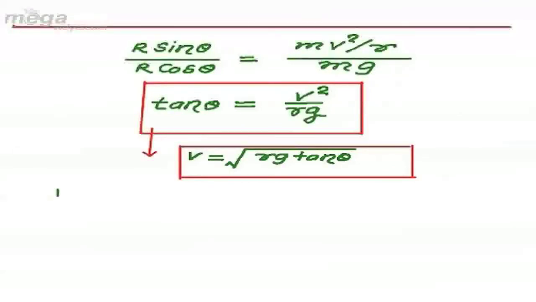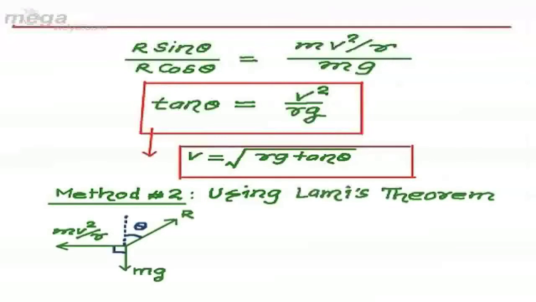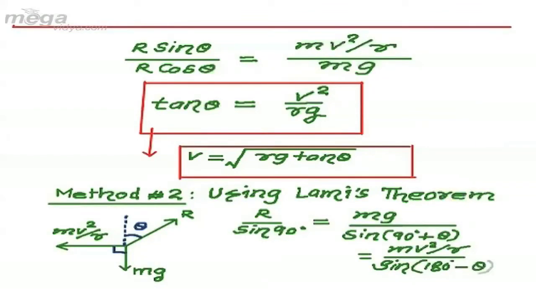Though the result is the same, this method involves the use of Lami's theorem. So I can write it this way: R upon sine 90 degrees equals mg upon sine of 90 plus theta equals mv square upon r sine of 180 minus theta.